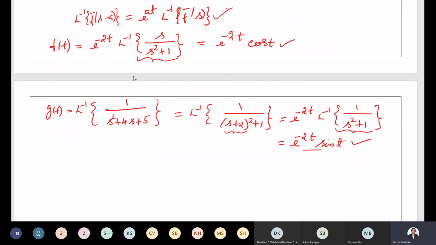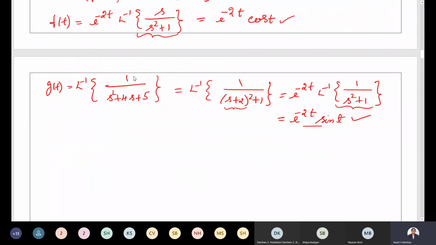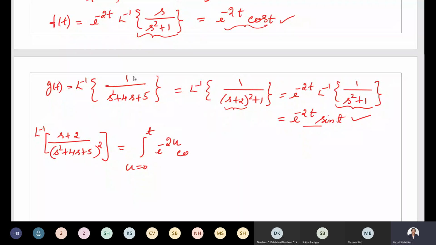Use the convolution theorem to find the inverse Laplace transform. So what do we get now? L inverse of (s+2)/(s²+4s+5) whole squared equals the integral from u equals 0 to t of f of u. F of t is e^(-2t) cos t, so replace t by u: e^(-2u) cos u.